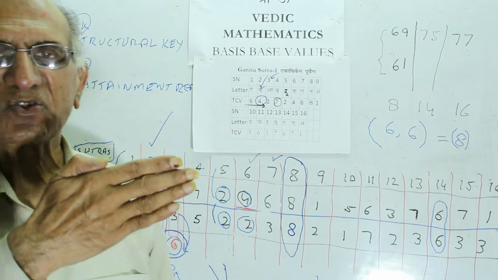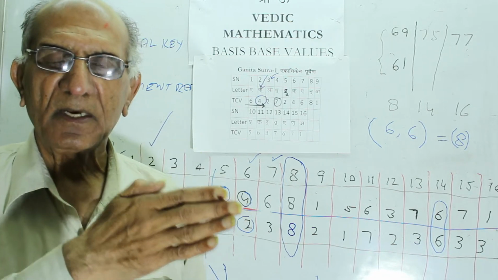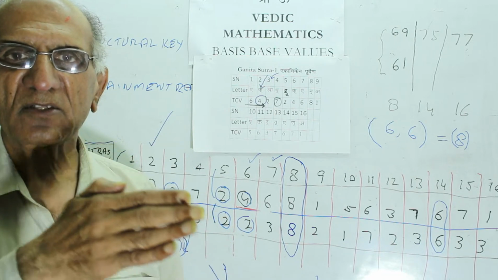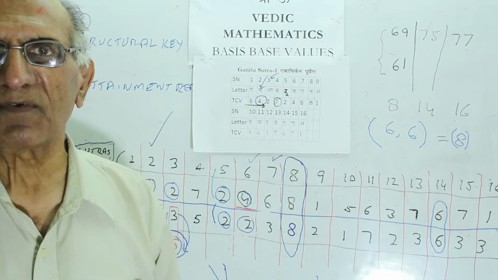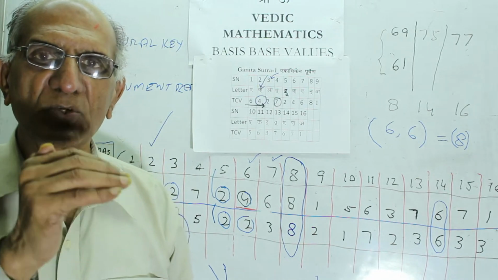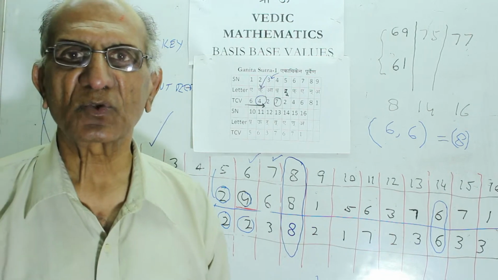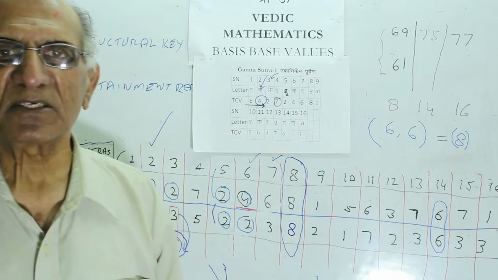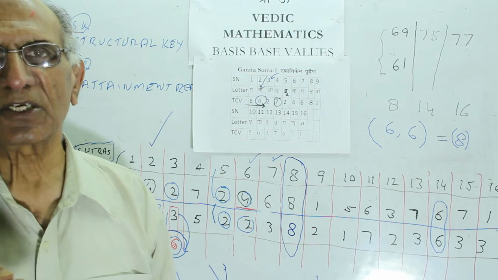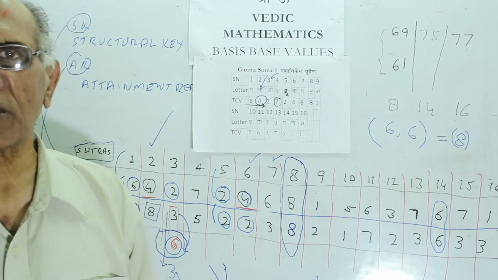Once these 3 steps are crossed, the first step is to reach at the transcendental code values of Devanagari alphabet letters. The second phase is to reach at the transcendental code values of the letters of Ganita Sutra 1. The third step is to reach at the transcendental code values of the first letters of the 16 Ganita Sutras.